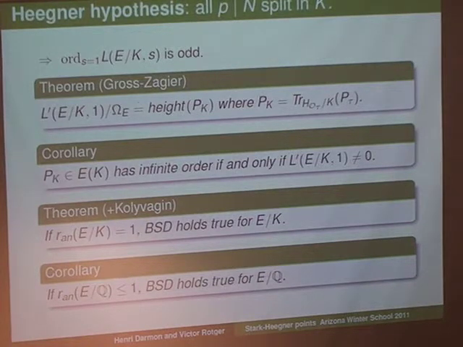So this is the role that Heegner points play in BSD, because these P_tau and these P_K are the crucial tool for constructing these points.